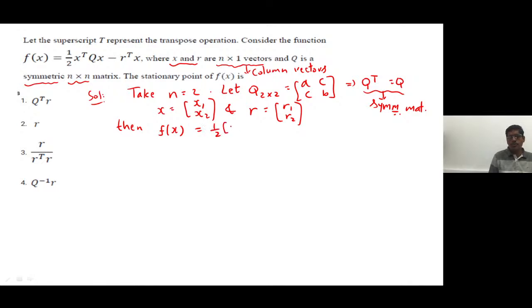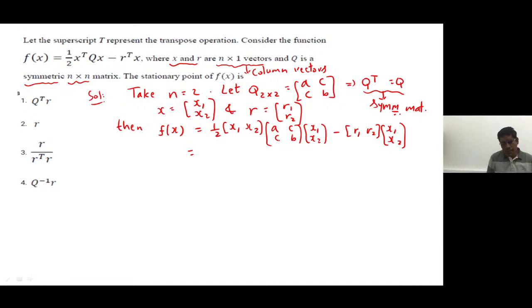A column vector transpose becomes a row vector x1, x2, into Q, that is the 2 by 2 matrix A, C, C, B. You can take not only A, B, C elements, any 3 elements, because in a symmetric 2 by 2 matrix there are at most 3 different elements, into x, that is column vector x1, x2, minus r transpose, that is, this column vector transposed becomes row vector r1, r2, multiplied with again the x column vector x1, x2. So 3 matrices cannot be simplified in one step.